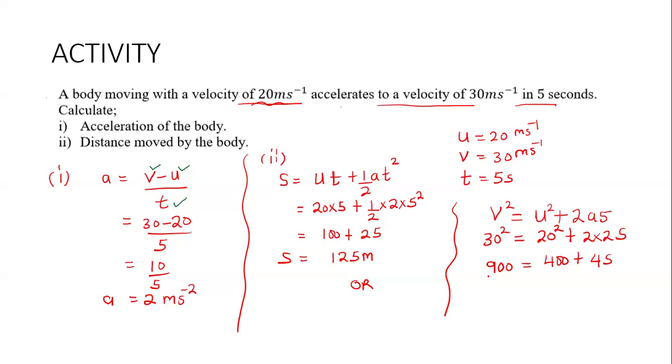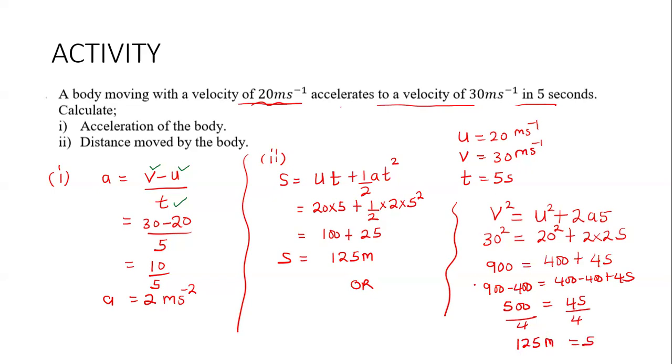So we subtract 400 from both sides. You remain with 500 divided by 4, which is 125 meters. Okay.